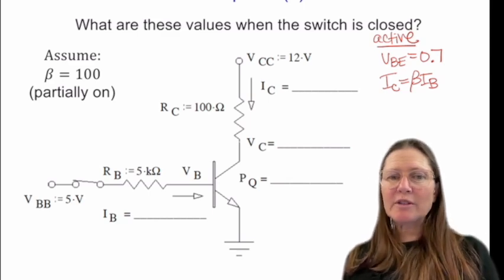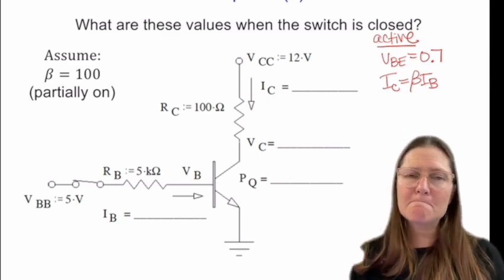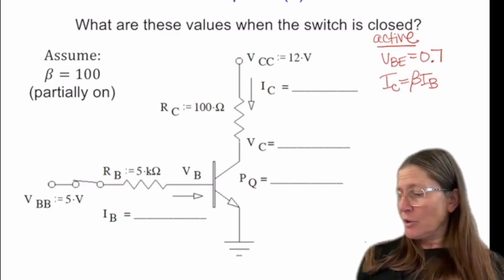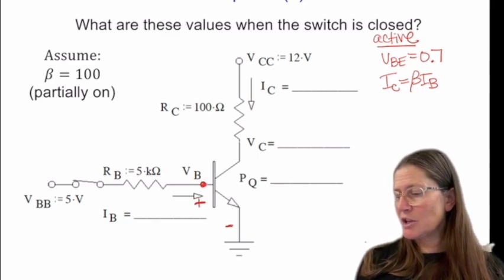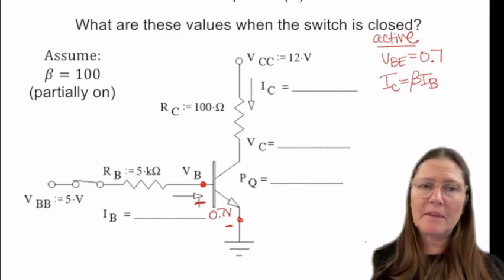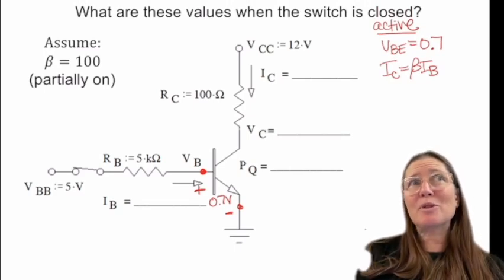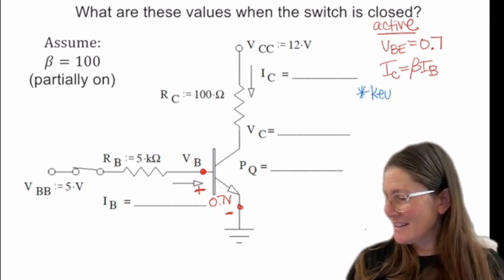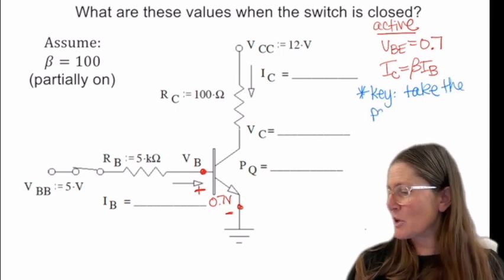Since we don't have any circuitry in the emitter side, we're just going to look at the collector and the base side. So between this voltage here and this voltage here, we're putting a known value of 0.7. And where did I say you have to take the pathway? This is key. Take the pathway from where to where?